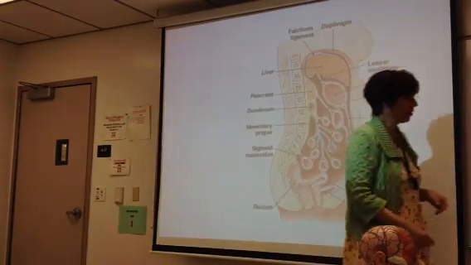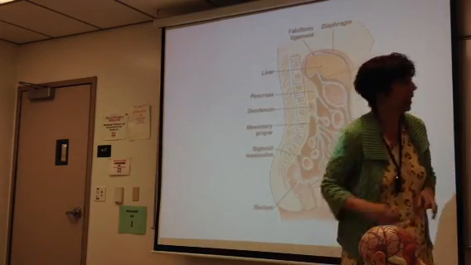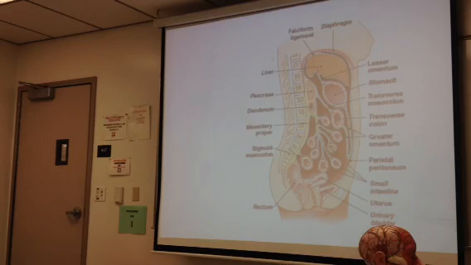And that structure is known as the root of the mesentery. And then as it fans out to the intestine itself, those different surfaces are known as the mesentery proper.